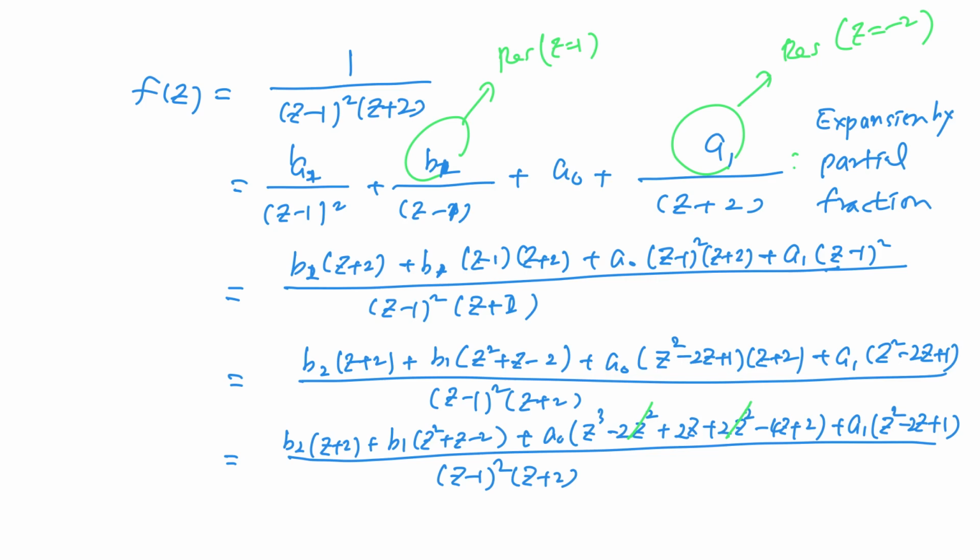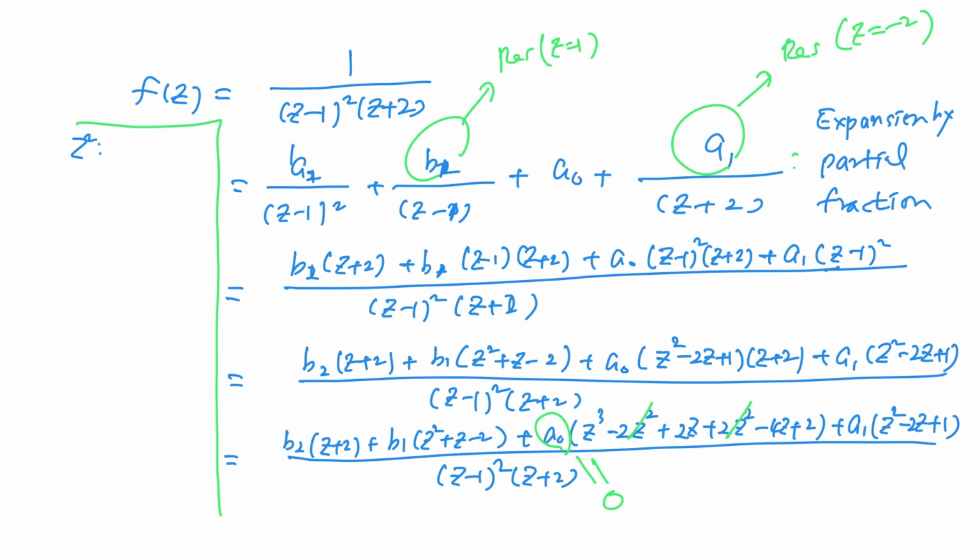There are no other z cubed terms here, so one obvious answer is A0 is 0. Very easy, A0 should be 0. The next higher term is z squared, so let's put some block here. The z squared term is B1 and A1, and it should be 0.